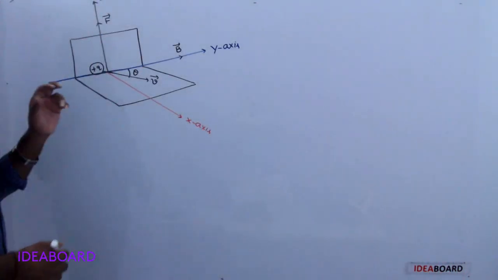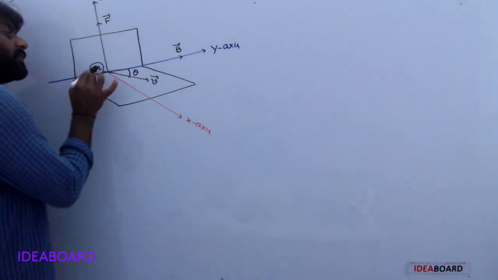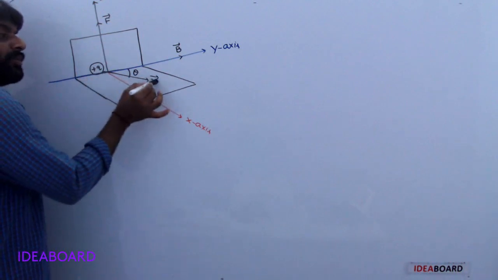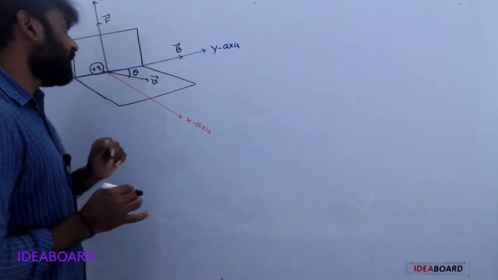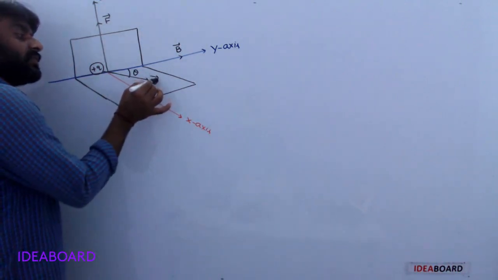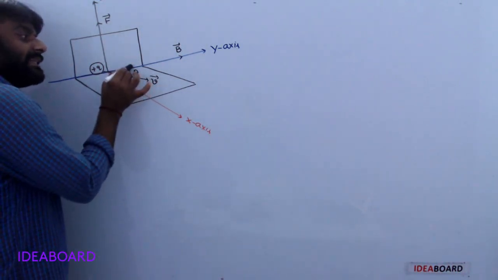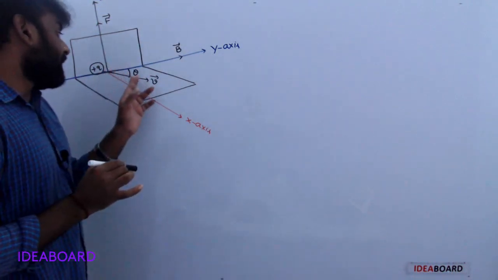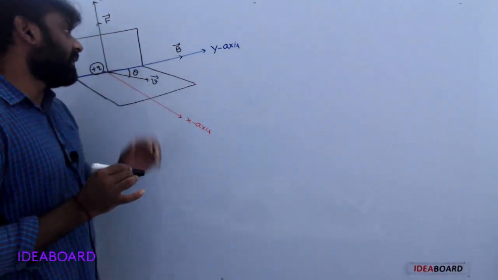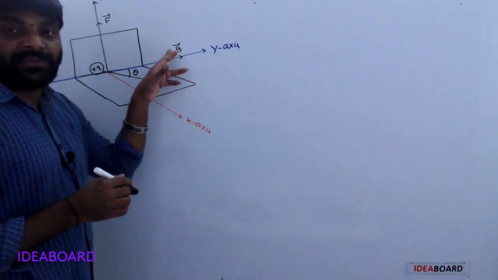Now see this one. A positive charged particle is moving with velocity v. Its velocity makes an angle theta with the magnetic field direction.